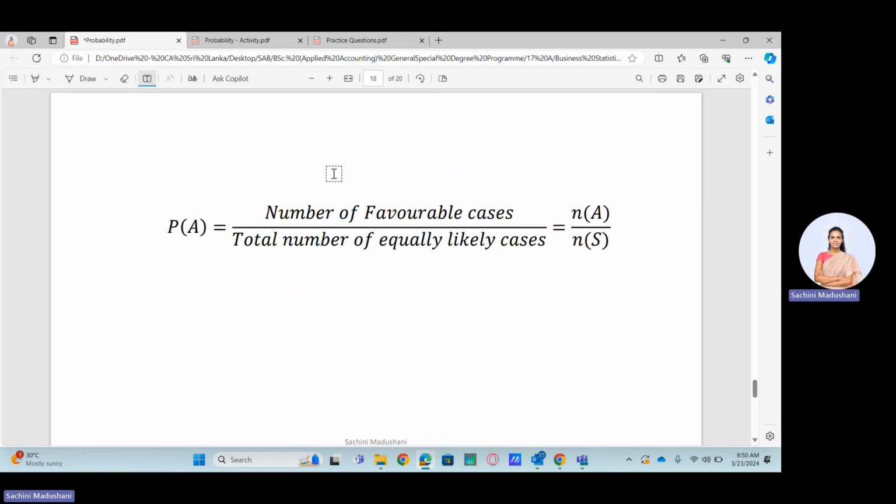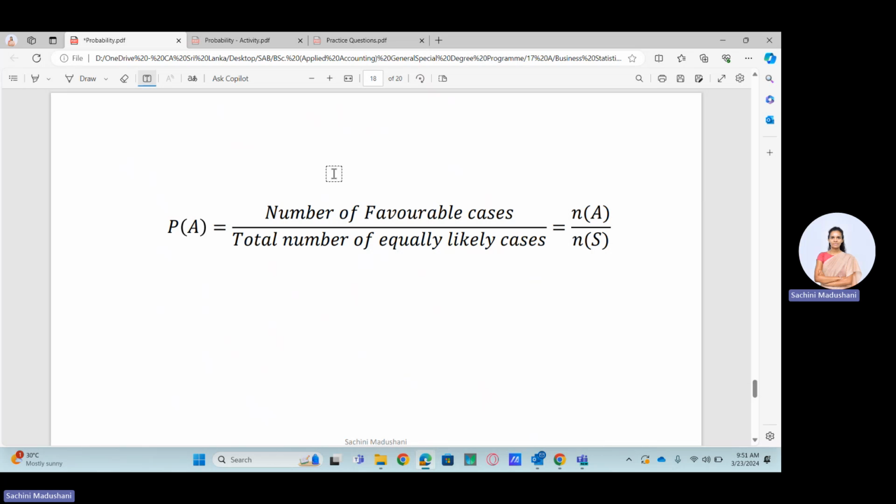Then another thing: there are two events, A and B. In this example, there is a special feature. These are two different cases. Here there is an intersection, but here there is no intersection. We call these two events mutually exclusive. There is no intersection. How do we write the union in this one?